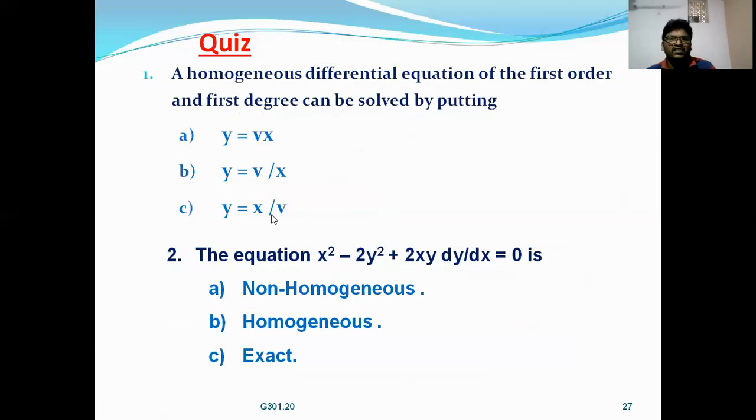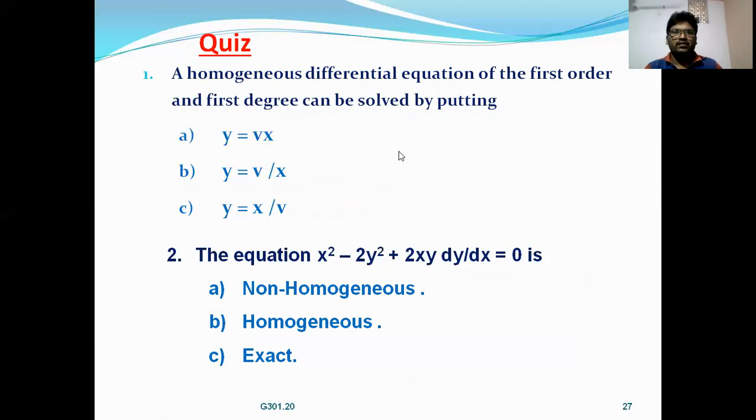From these three choices, what is the correct answer? Option A is y is equal to vx. Option B is y is equal to v by x. Option C is y is equal to x by v. Among these three, what is the correct solution? See here, the answer is y is equal to vx.